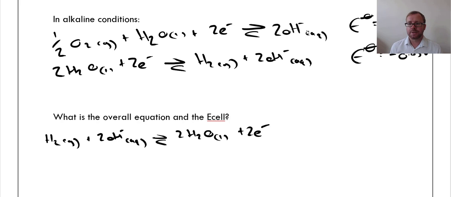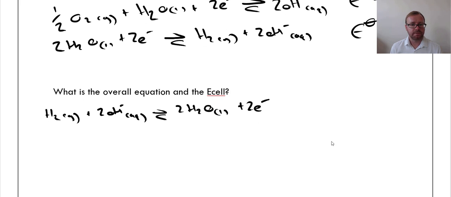Right, so as we've been talking about, the positive one will stay as my reduction, and the most negative will be flipped for my oxidation. So I flipped my second equation: H2 plus 2OH- goes to 2H2O plus 2e-. That's my oxidation. I can now add this equation to my top one.